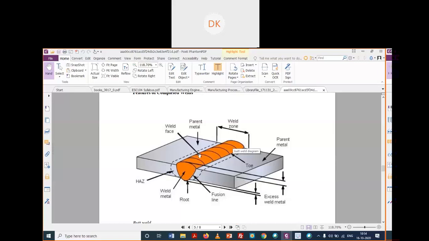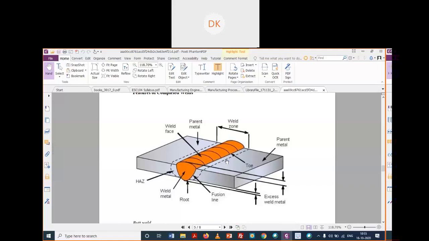We can do it by putting heat and melting this base material, or by bringing this material to the plastic state, and after that we put pressure and join this material. If the material is elastic, we cannot join it, because after putting the pressure it again regains its original shape and size.